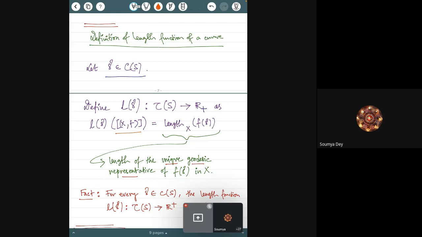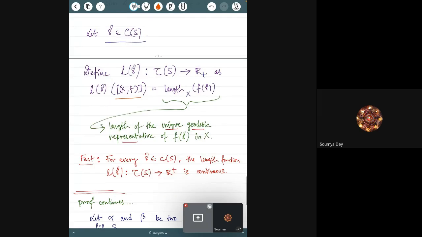And what is the meaning of this length of f gamma? We'll use another theorem here. Gamma is a curve, so f of gamma will be another curve. Let me draw it.